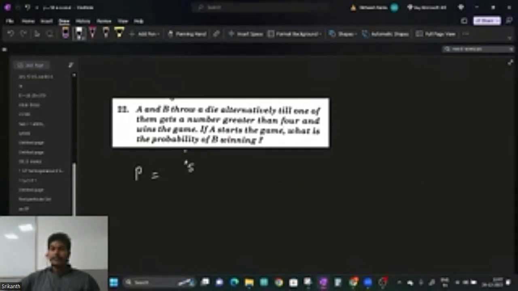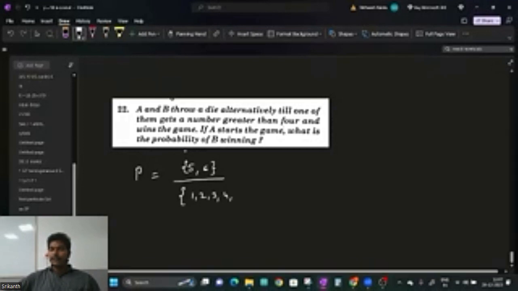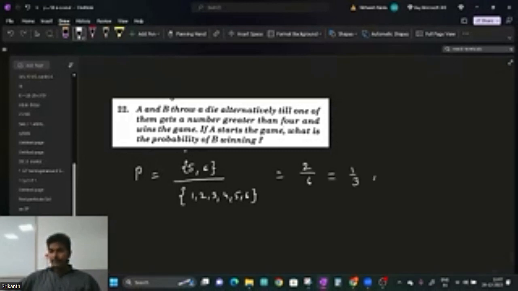Greater than 4 means the die will show 5 or 6, that is called winning. The die has 6 possible results: 1, 2, 3, 4, 5, 6. So 2 out of 6, which is 1 by 3. Q value will be 1 minus P, that is 1 minus 1 by 3, which is equal to 2 by 3.